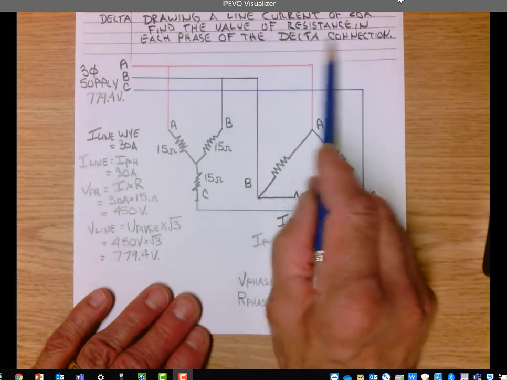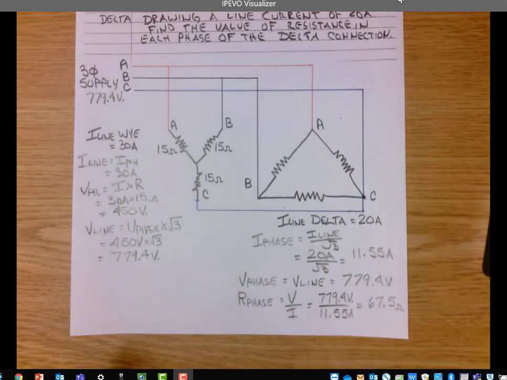So the value of resistance in each phase of the delta connection is 67.5 ohms.